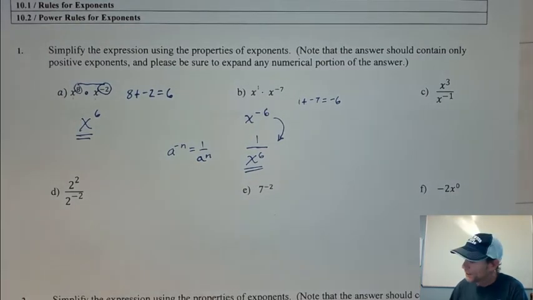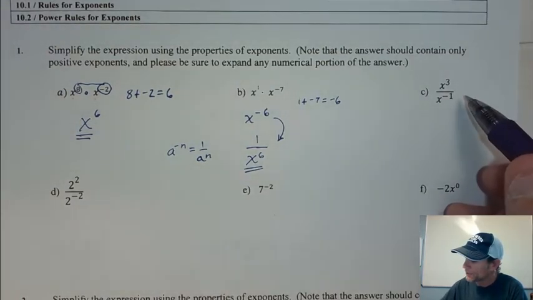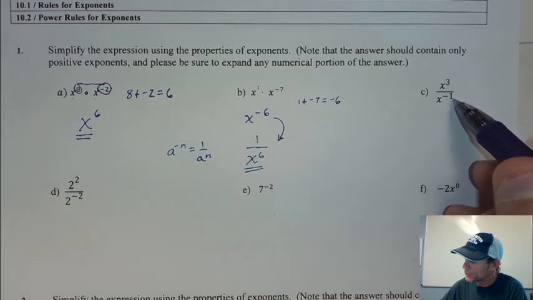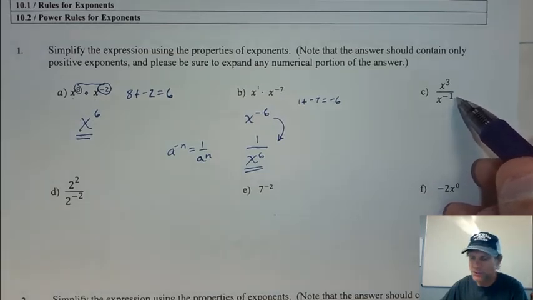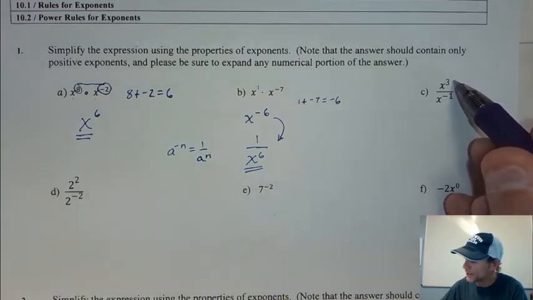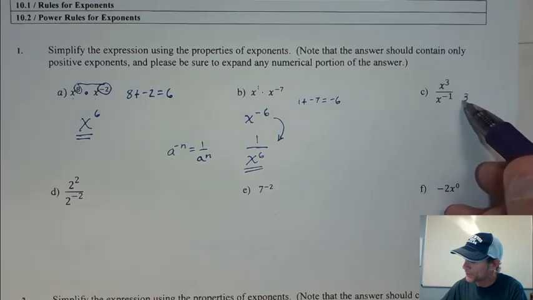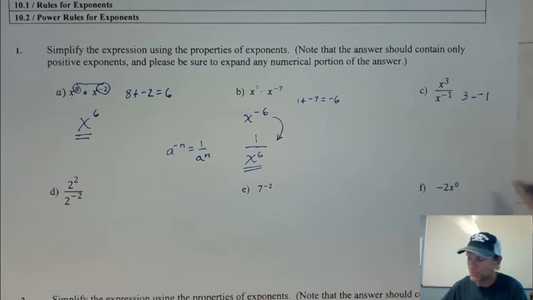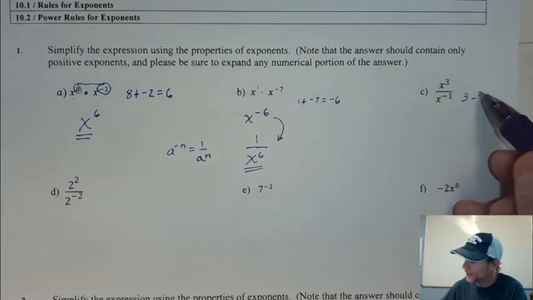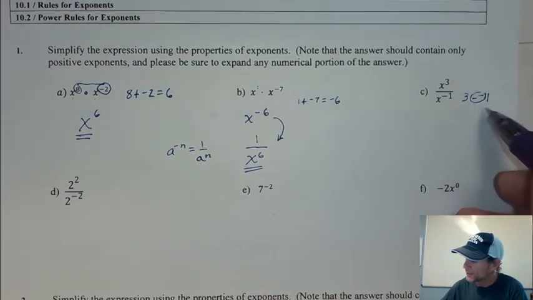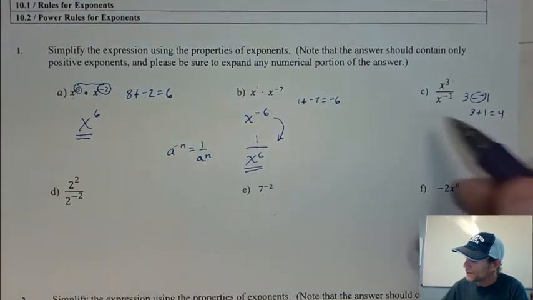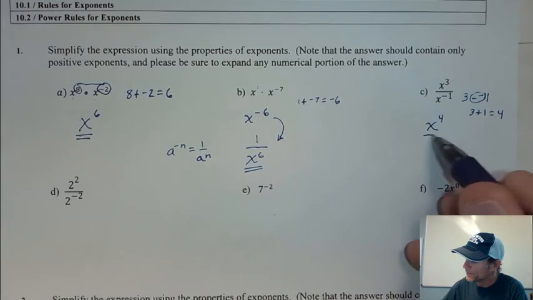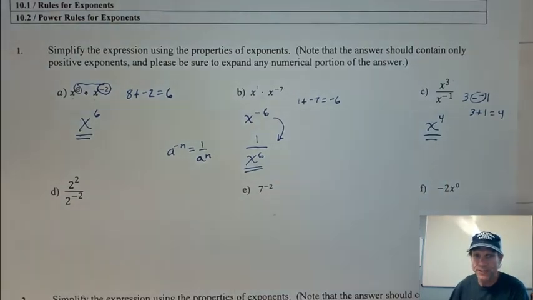Next up, I'm going to take a look at division, and division correlates to subtraction. So I take this top exponent, 3, and subtract negative 1. You have to be careful with the signs here, and when you do that, that makes 3 plus 1, which is 4. So I get x to the 4th. Now we might not always use x's.